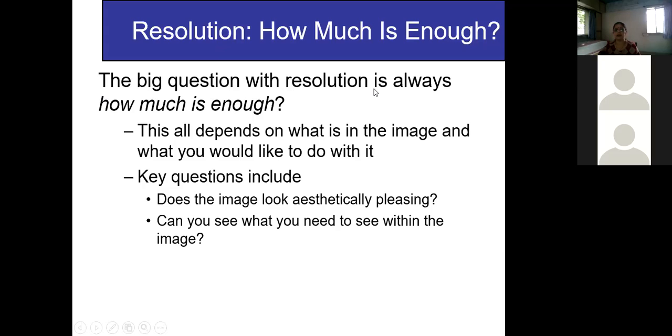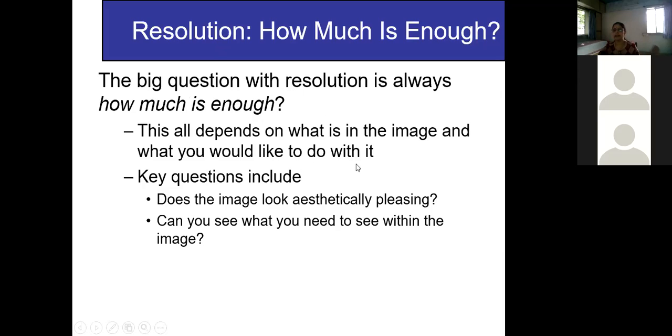Okay. So there is always a question with resolution: how much resolution is enough? This all depends on what is in the image and what you would like to do with it.